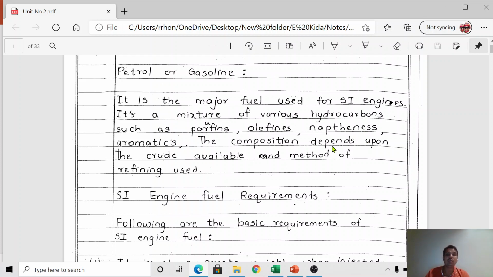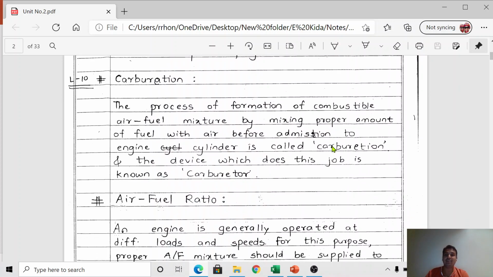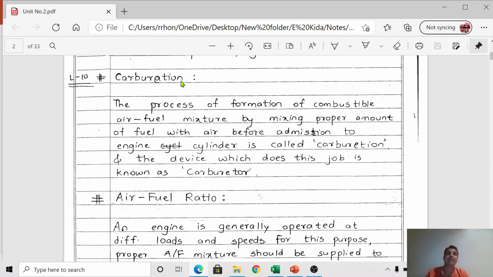To understand this, we must read the next definition, the process of carburation. Okay, so what is the meaning of carburation?